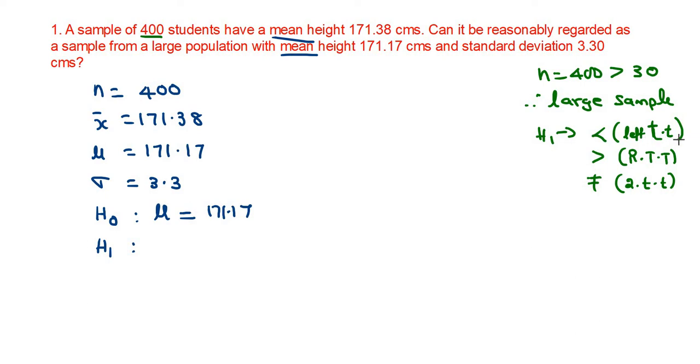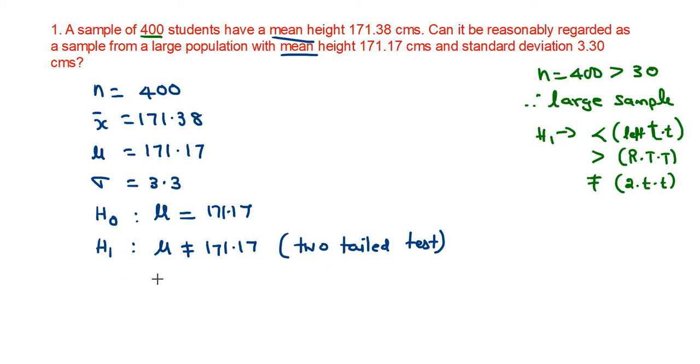So here the question is, if this sample comes from this population or not. If it comes from this population, then we'll have mu is equal to this. If it is not, then mu must be not equal to. So H1 should be mu is not equal to 171.17. So it is two-tailed test.